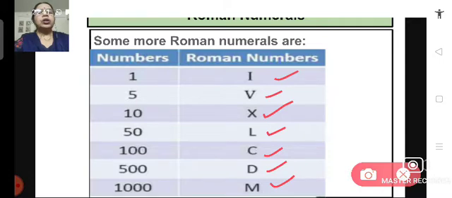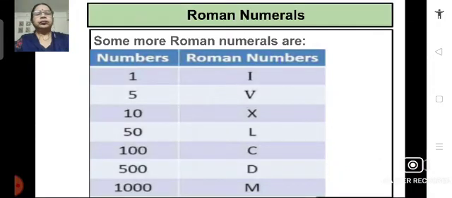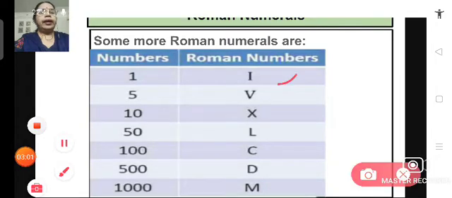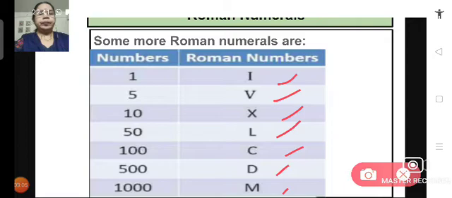We write all the Roman numerals using only these symbols. That means we write all the Roman numbers using I, V, X, L, C, D and M.